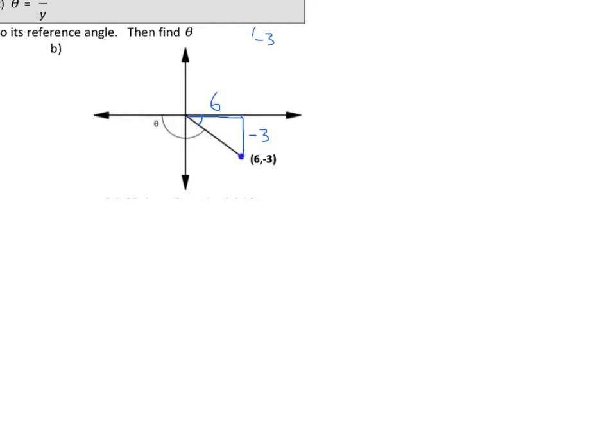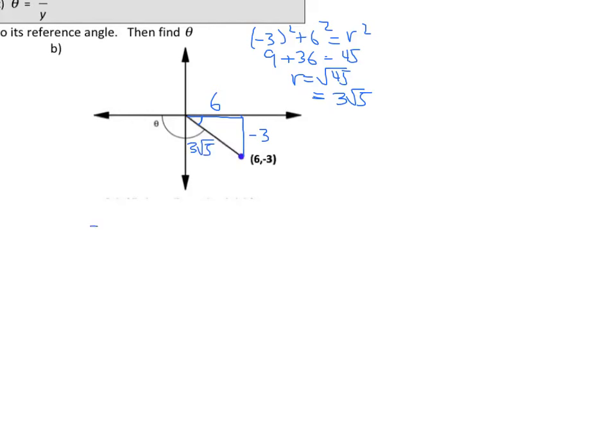So -3 squared plus 6 squared, that's 9 plus 36 equals r squared, which is 45. And then r would be the square root of 45, which is, in simplified radical form, 3√5. So we get 3√5 for our radius, which again is always positive.